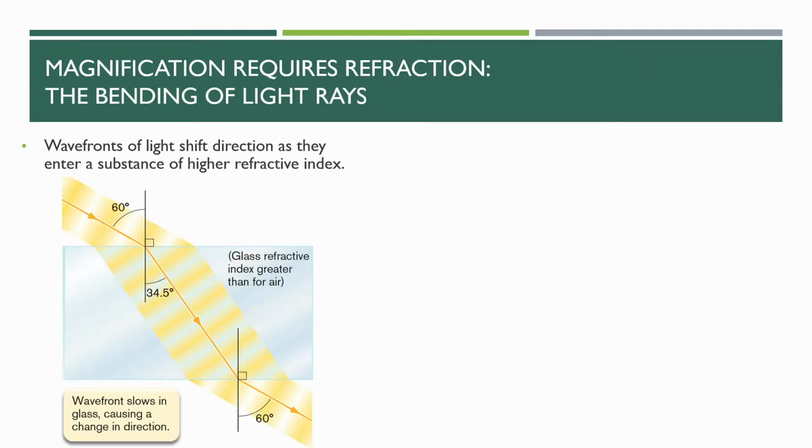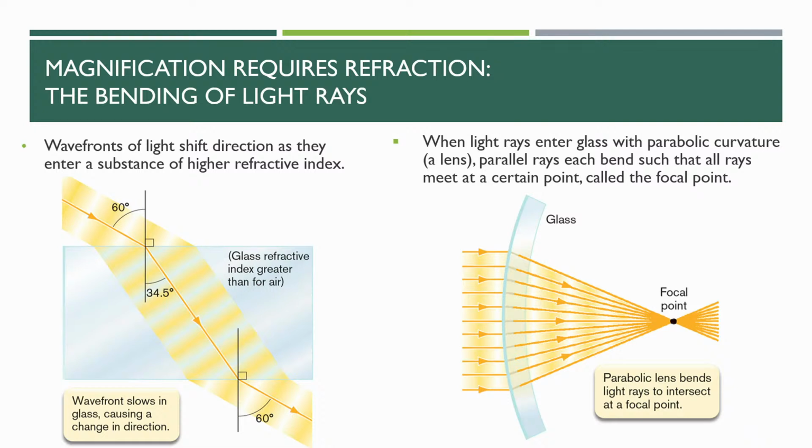And so if you have a glass lens that is parabolic, bent a little bit, when light enters it, it's going to bend, but these rays all bend so that they meet at a certain point called a focal point. And that is how light microscopes work.